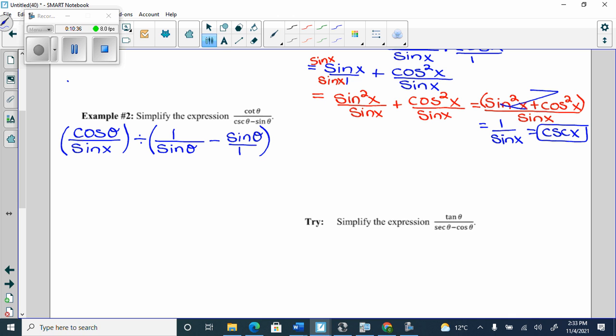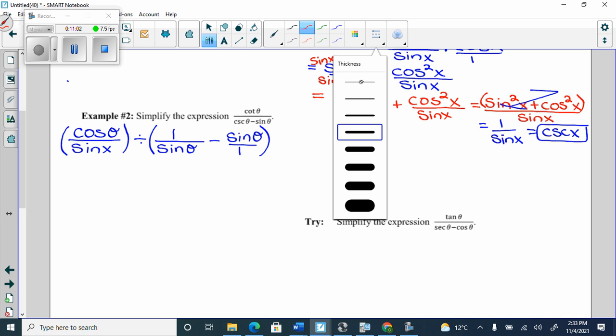Right now, I do not have that. Can I flip this side? No. I can only flip the right-hand side if I have a whole fraction divided by a whole fraction. But I can get that. How do I do that? You have to get a common denominator, so you square the sine over 1.